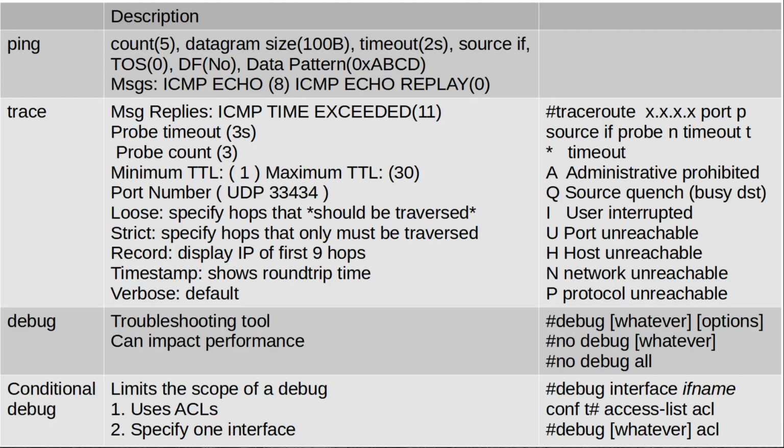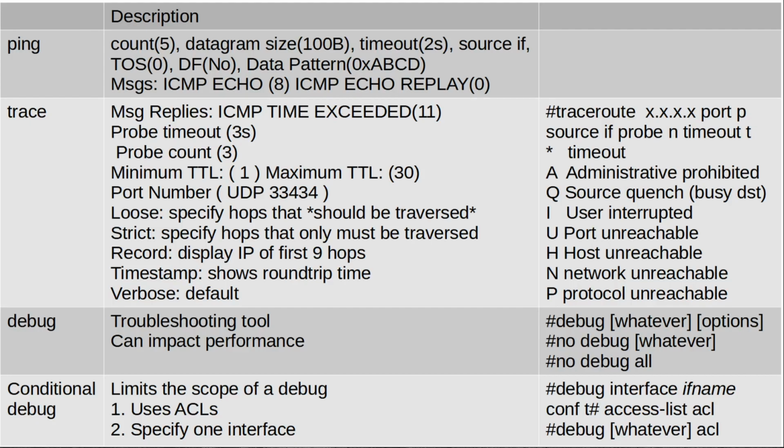Ping will send an ICMP echo and, when everything happens correctly, will expect an ICMP echo reply. The reply is not always the case. You can receive other types of ICMP messages.